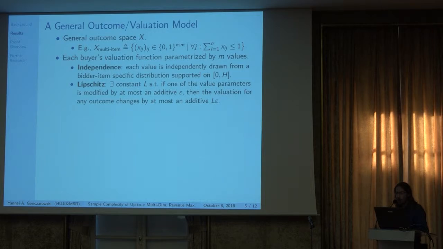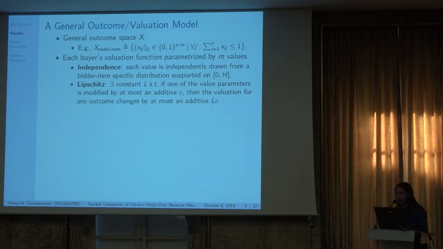And all we require is that each buyer's valuation function be parameterized by M values. So in the multi-item case, the M values are exactly the values for each of the items. But we can have any valuation functions parameterized by M values, drawn independently, as long as the valuation function is Lipschitz continuous in these values.